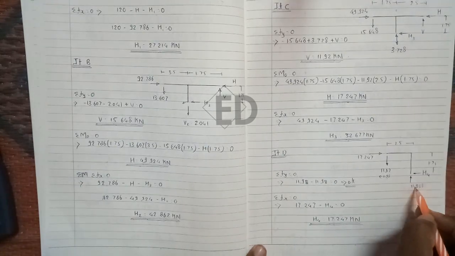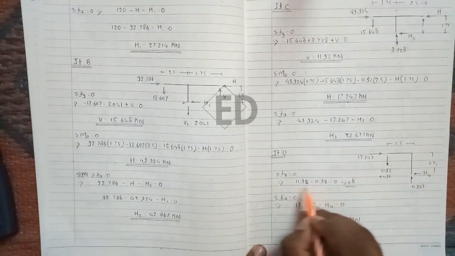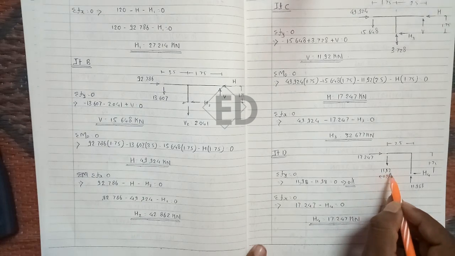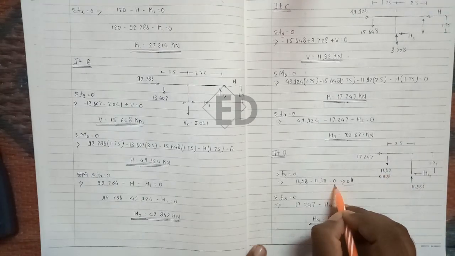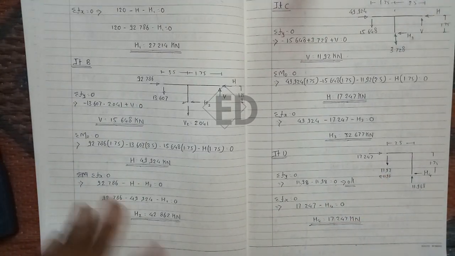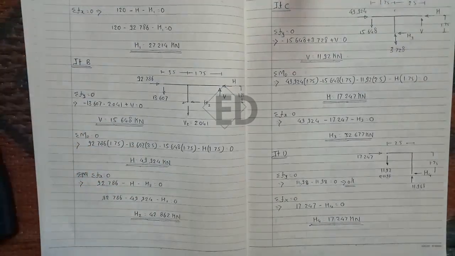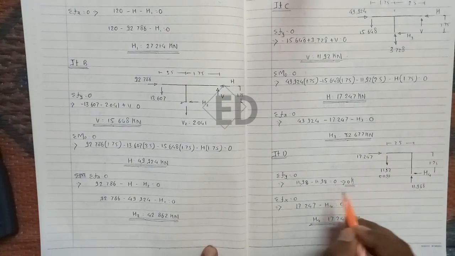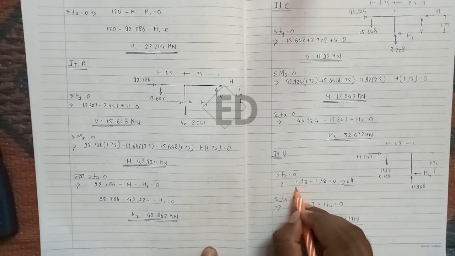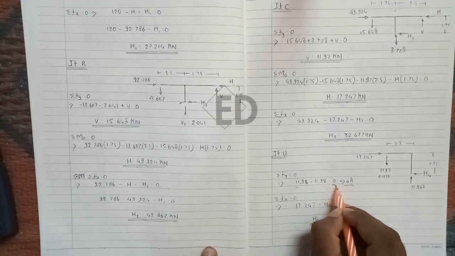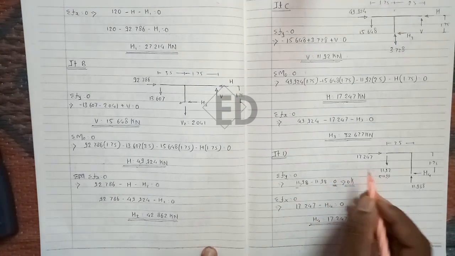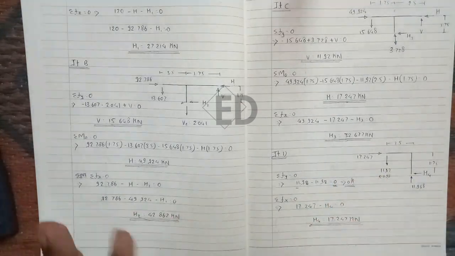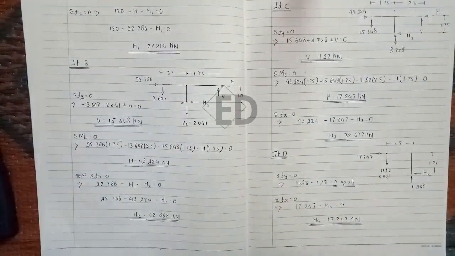So summation of Fy is 0, minus 11.92 plus 11.92 is 0, which means it is in equilibrium, so what we solved for joints A, B and C are all correct. If this is not correct, we don't get 0 here. If we get something like 1, 2, 3, 4, it means I have done something wrong in the previous calculations.